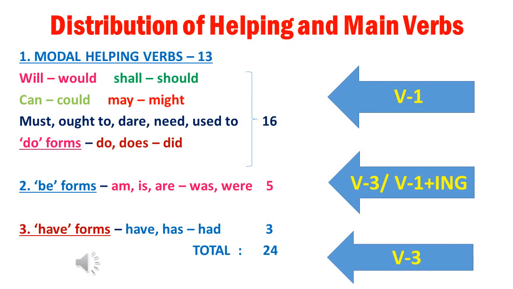Modals and do forms take V1 as its main verb. Be forms in the active structure take V1 plus ing as its main verb. In the passive structure, V3 as its main verb. Have forms take V3 as its main verb.